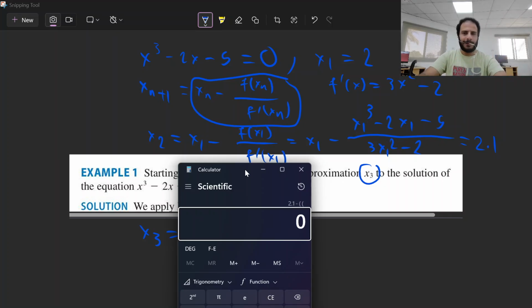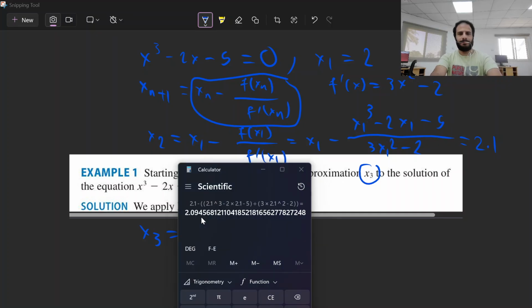Okay, so 2.1 cubed minus 2 times 2.1 minus 5, then close the parentheses for the numerator, then divide by the denominator, open parentheses for the denominator, you get 3 times 2.1 squared minus 2, then close two parentheses. Now it's correct, right? Yes. 2.09.